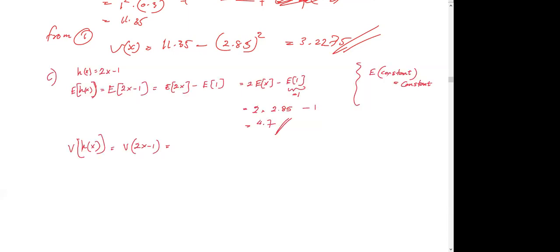Same as expected value, you can assign variance to each of them, because the X_i's are independent.